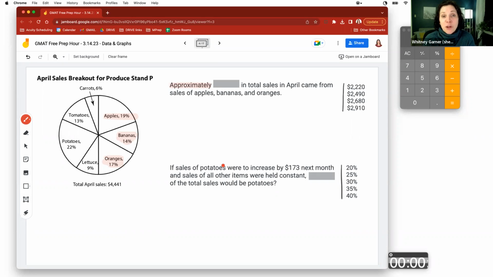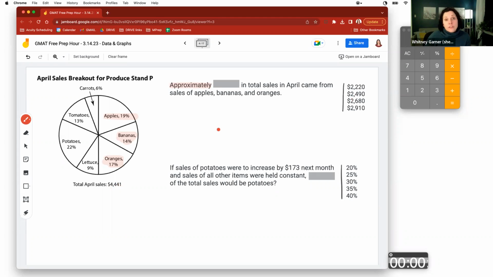Yeah, I'm getting a lot of no's coming into the chat window. So what should I do? I have one option. I could calculate apples, take 19% of this ugly number, plonk it into my calculator. I could take 14% of this ugly number, plonk it into my calculator, and write it down. And then 17% of this number, and then combine them all up.